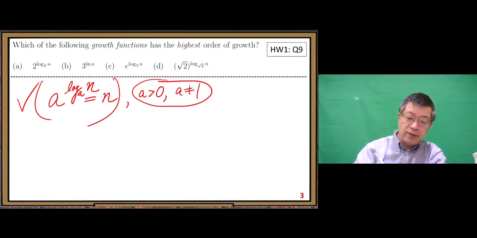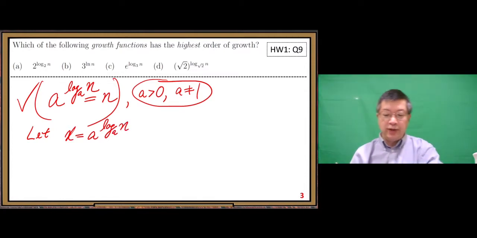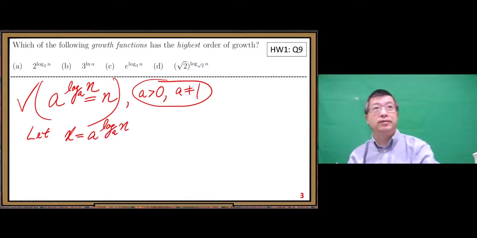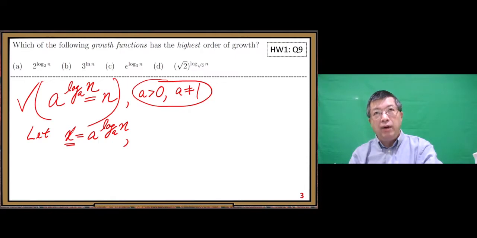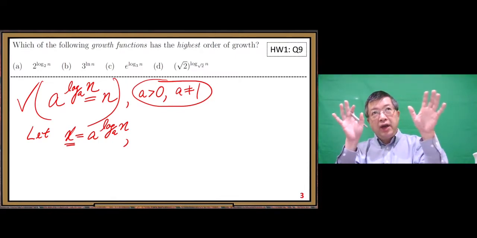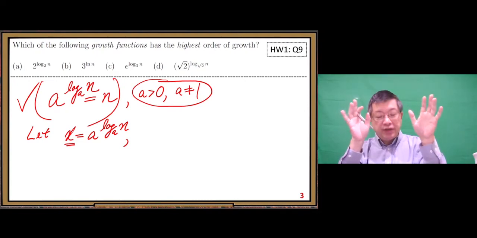We just let x equal a to the log base a of n, and then we show x equals n. After we introduce a new variable, we can take logarithm on both sides.